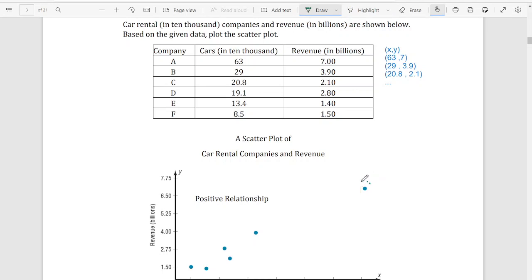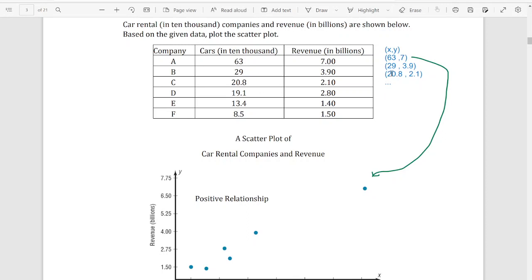Okay, so this will be the 63.7, the first one. So this will be the first value.